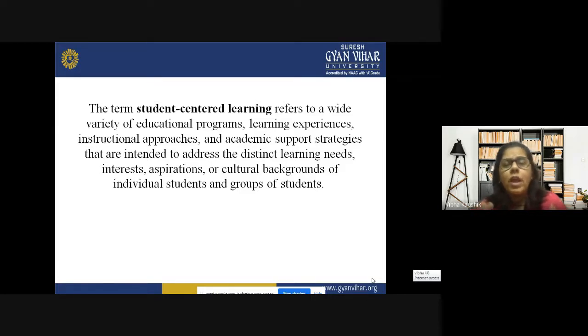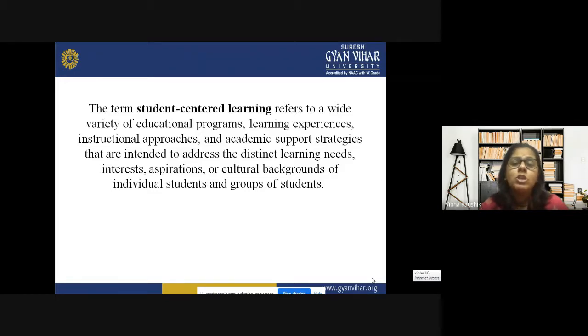Interest. Every learner has their own interest, so there is a wide range of interests among learners. Student-centered learning approaches fulfill the interests of diverse learners also.